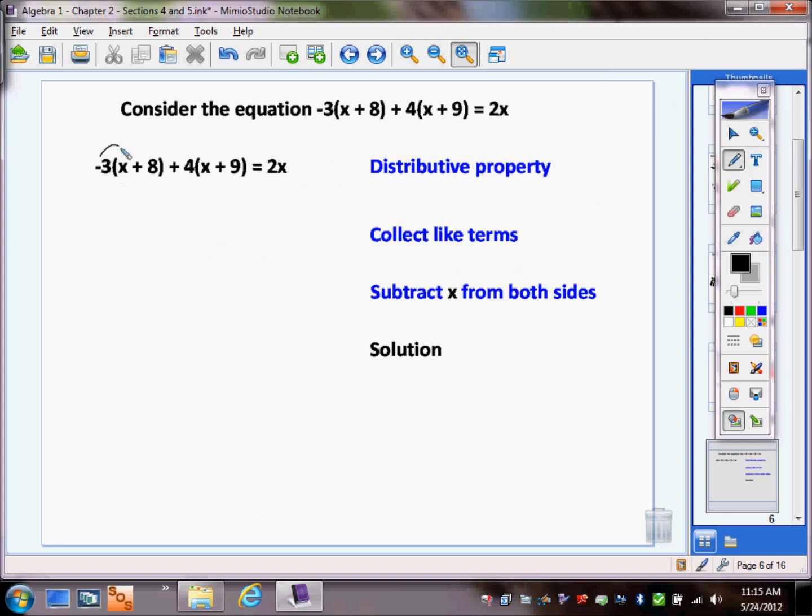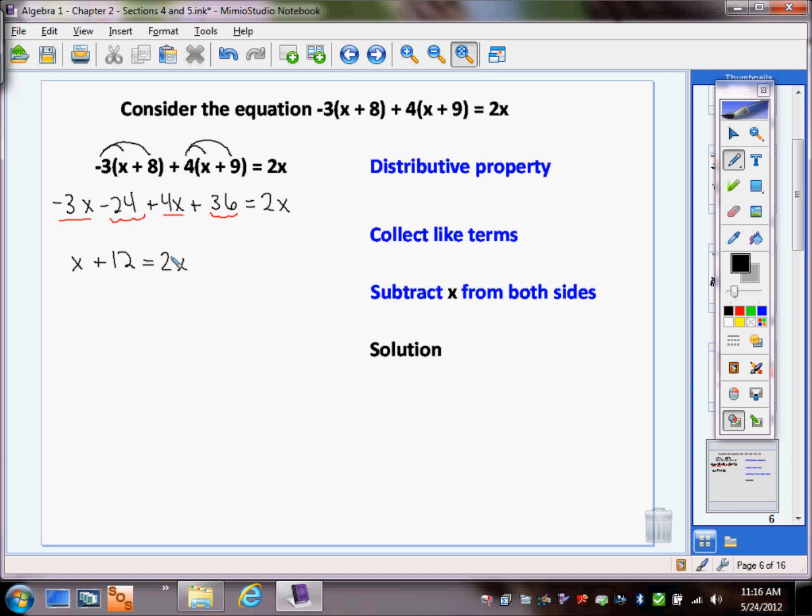I'm going to distribute this -3 and this 4. So I get -3x minus 24 plus 4x plus 36 equals 2x. I'm going to collect my like terms. And I'm going to get x plus 12 equals 2x.